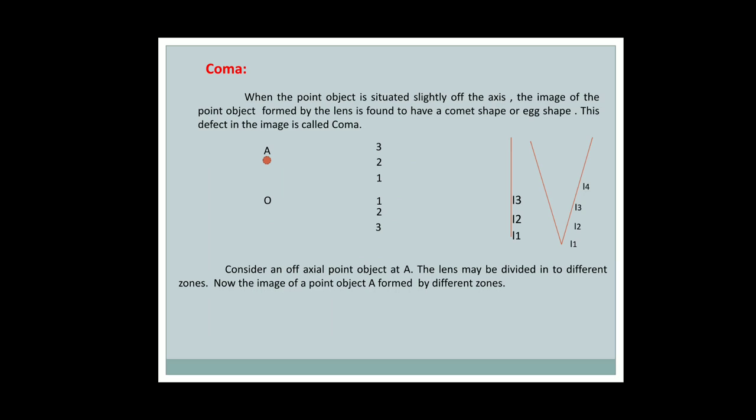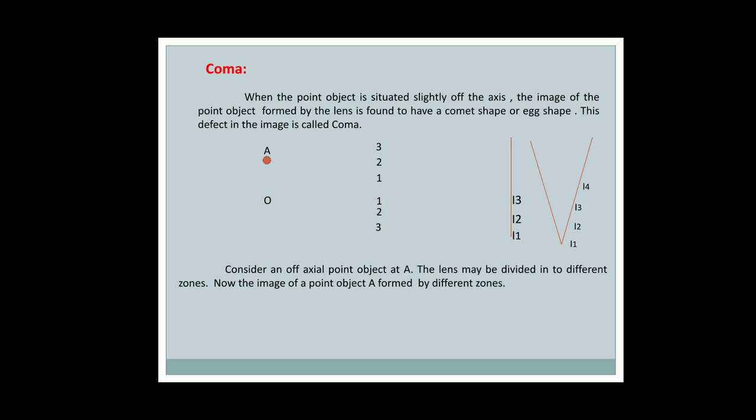Now what is coma? In the case of spherical aberration, the point object is placed on the principal axis. Always it is not possible. The point object cannot be placed on the principal axis.